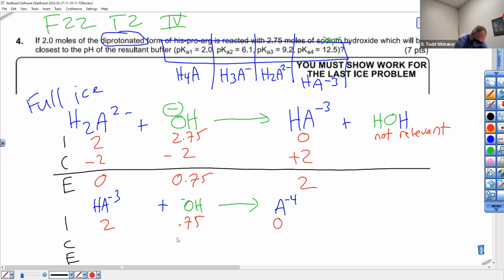Oh, hydroxide's limiting. Put a happy face there, right? Because you're done. 1.25 here. Oh, sorry. Plus 0.75 here. Here are the 2 species that you're finishing with.